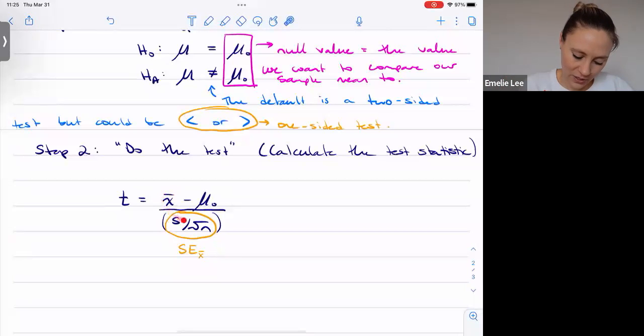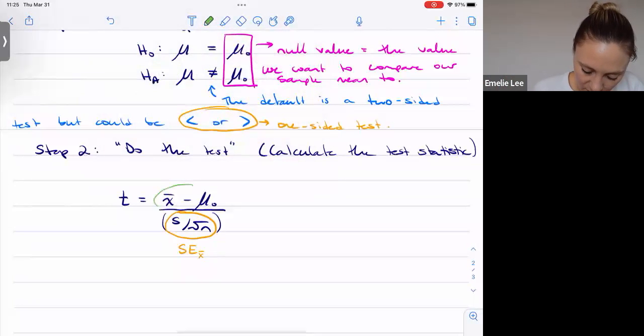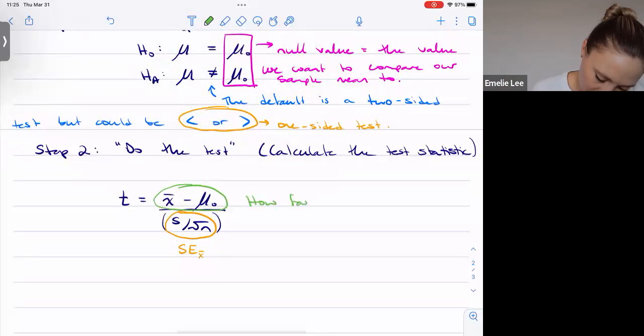And so here, what we're doing up top is finding how far the sample mean is from the hypothesized mean.